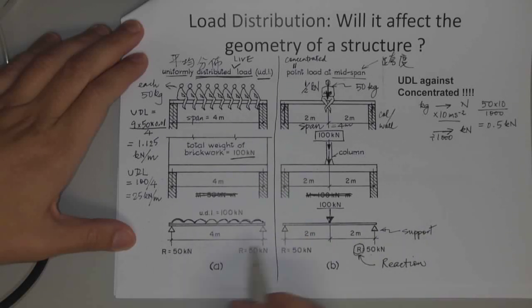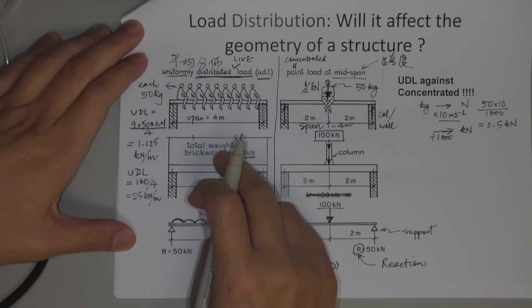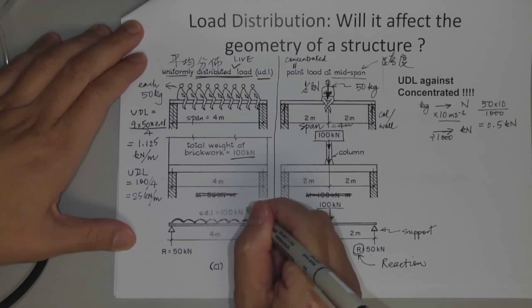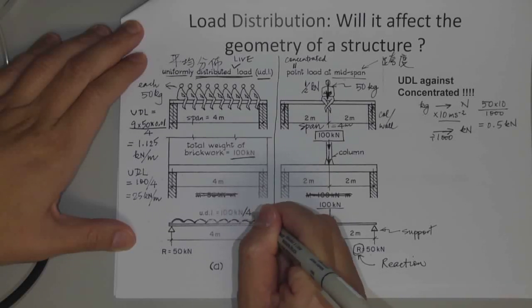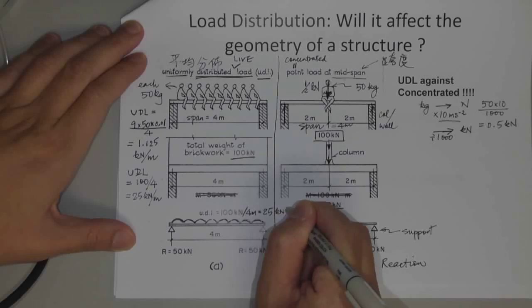So in the coming weeks, whenever I describe UDL, I just use this symbol. I don't need to repeat. So you understand that it's the symbol for UDL. So that is for the case of the brickwork, which would be 25 kilonewton per meter.